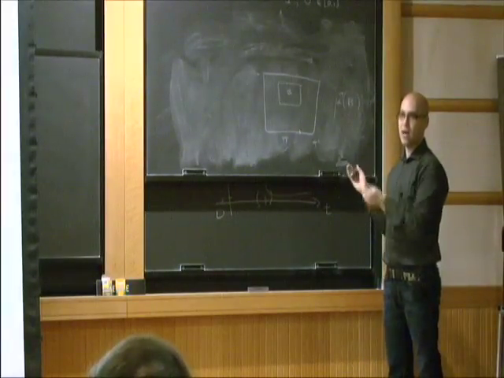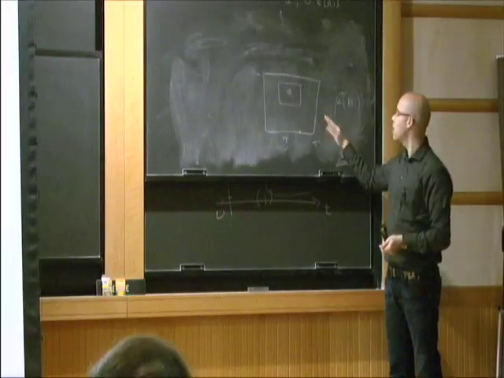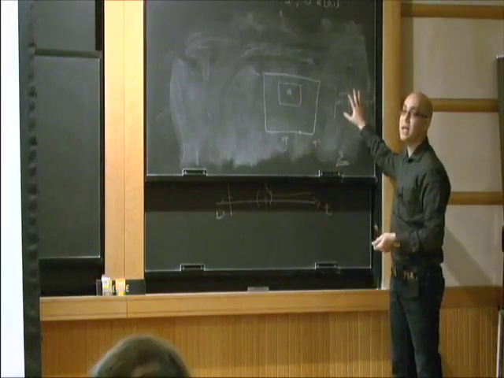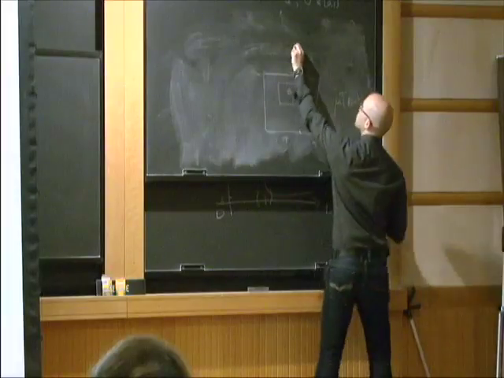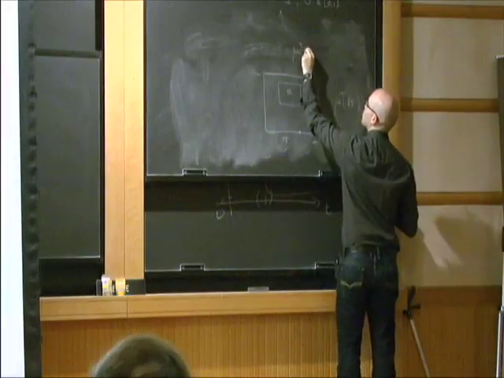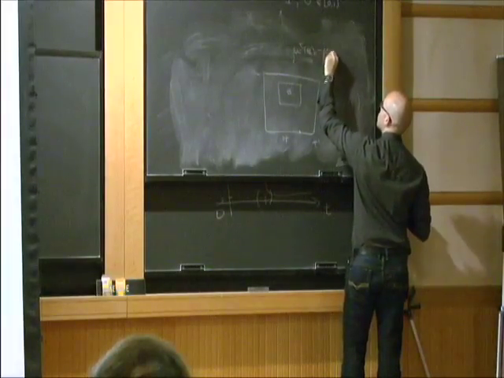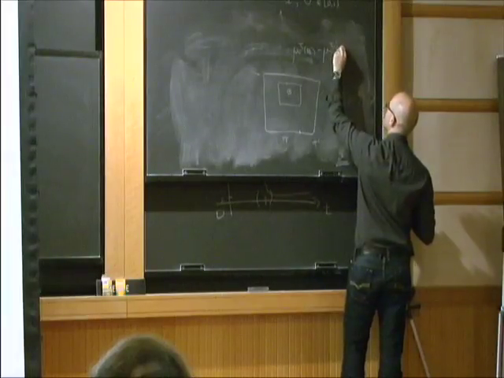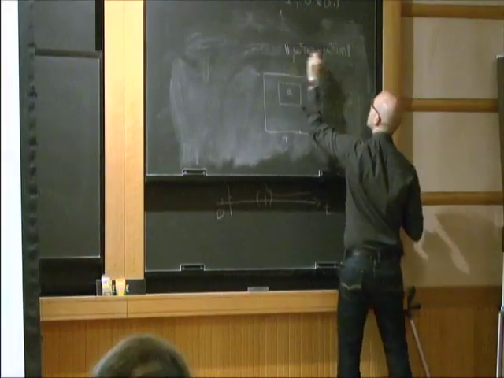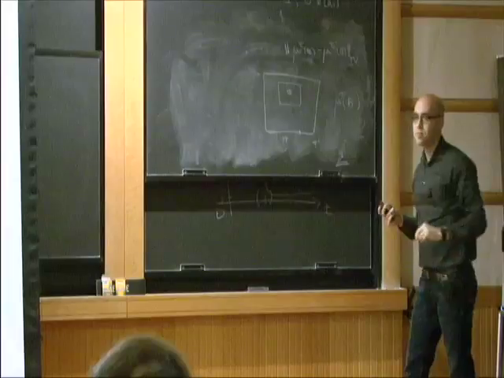This is a standard thing to argue. You want to argue that mu tau B minus mu tau primed B in total variation is small.